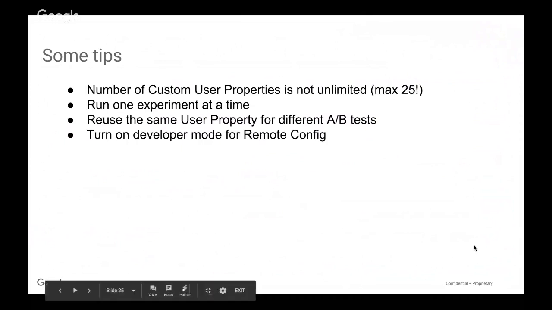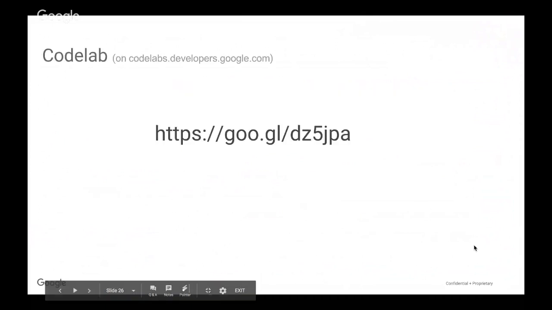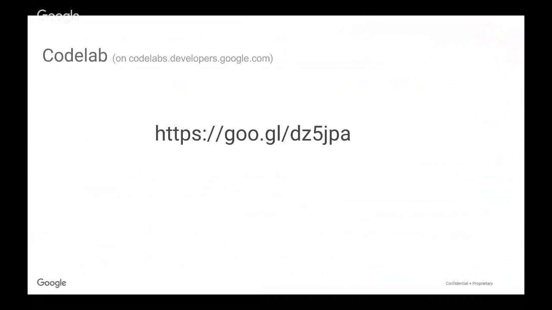And if you still want step-by-step full instructions on how you can exactly do this kind of A/B testing, we actually have a code lab which is hosted on codelabs.developers.google.com.